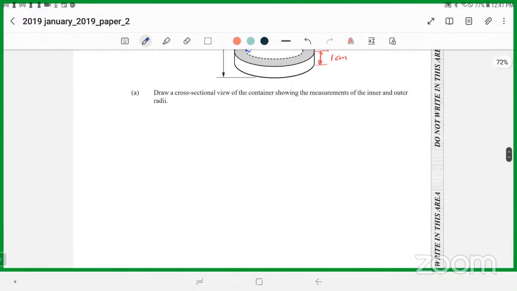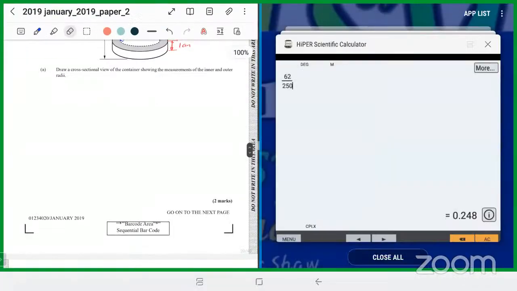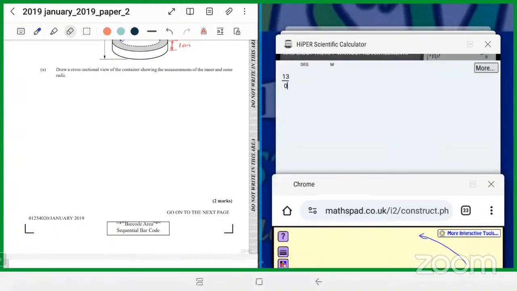Because they say draw, you really want to measure and draw it. When I say sketch, you sketch. Because they say draw, you can use a compass and actually draw it: 14 centimeters, 15 centimeters. Let me draw it. Let me use this and do it over here, and then I'll sketch it back on this. I'm going to clear this.